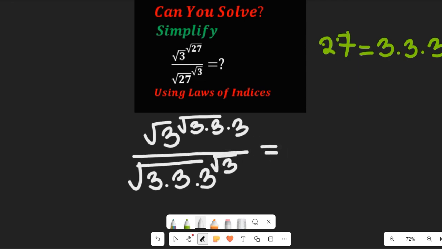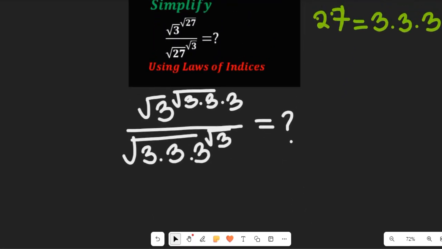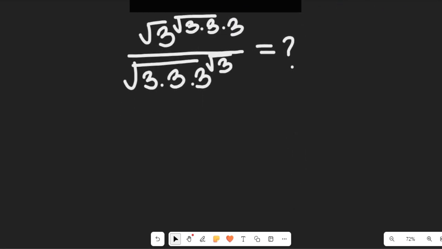And this is going to give us a value which we are trying to evaluate. Now if you notice the expression given to us, the base of the numerator is the power of the denominator, and the base of the denominator is the power of the numerator. So how can we simplify this?